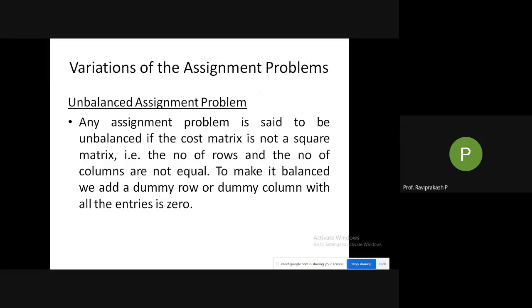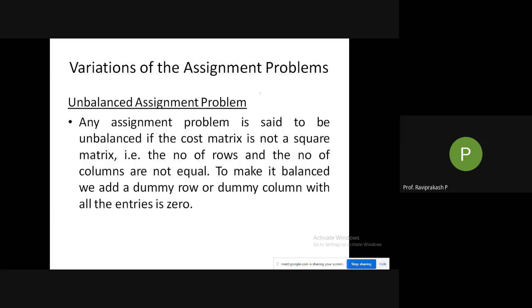So stop. To make it balanced, we add a dummy row or a dummy column with all the entries as 0.